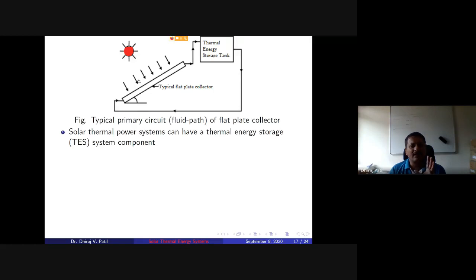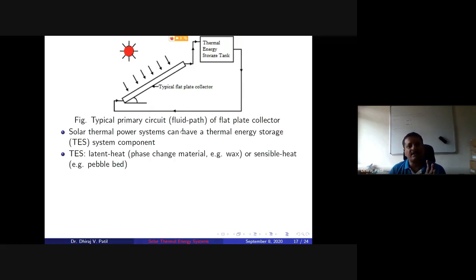So for this solar energy collection with a flat plate collector, this is a typical circuit where you can store the collected energy using a thermal energy storage system, known as TES. This thermal energy storage can be latent heat storage or sensible heat storage.